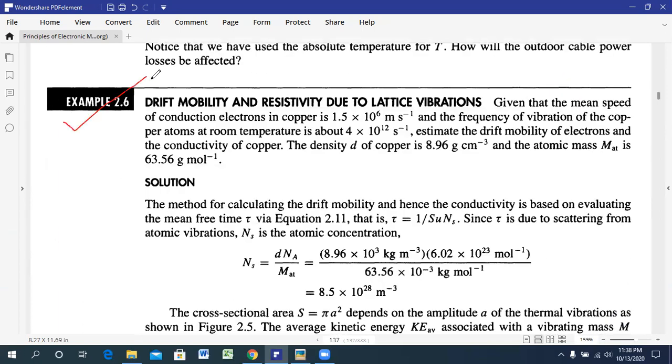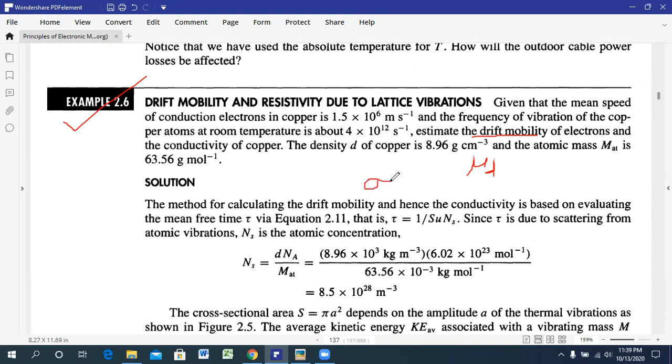Next, example 2.6, drift mobility and resistivity due to lattice vibrations. Given that the mean speed of the conduction electron is 1.5 into 10 to the power 6 meter per second, and the frequency of the vibration of the copper atoms at room temperature is 4 into 10 to the power 12 per second, estimate the drift mobility, mu d, of the electrons and the conductivity of the copper.